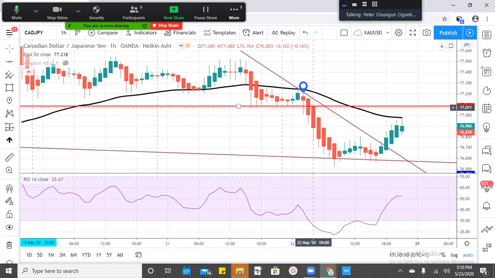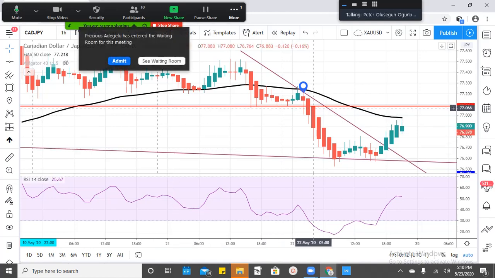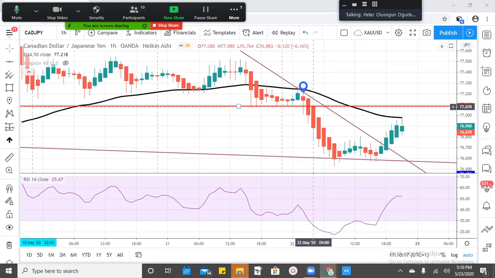So you see the candle, you would have probably entered around here, because this is the first 1 hour candle that closes. Once you have this closing below it, price is already moving.